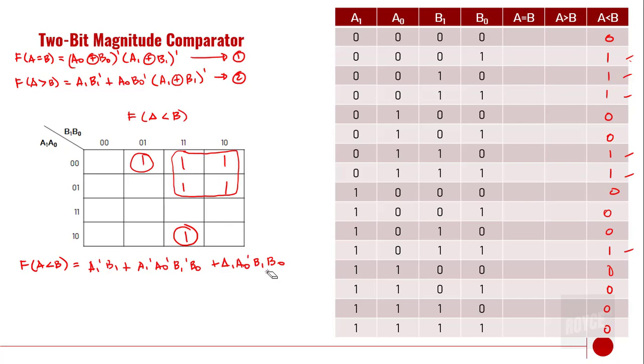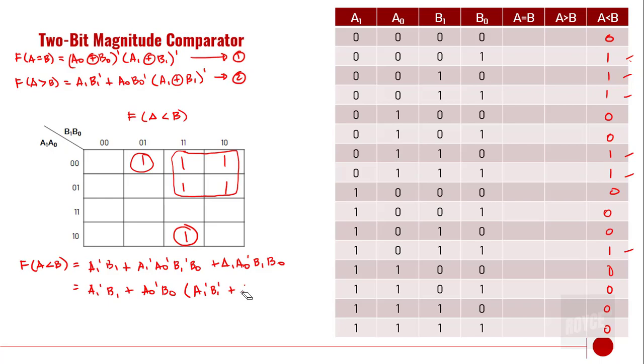Ayan. So, from here, pwede natin i-factor out si A0 prime, B0. Sulat muna natin si A1 prime, B1. And then, let's factor out A0 prime, B0. So, as you can see here, dual na naman sila. Kanina, A0, B0 prime. Ngayon, A0 prime, B0. And then, ang matitira sa loob natin would be A1 prime, B1 prime for this term.